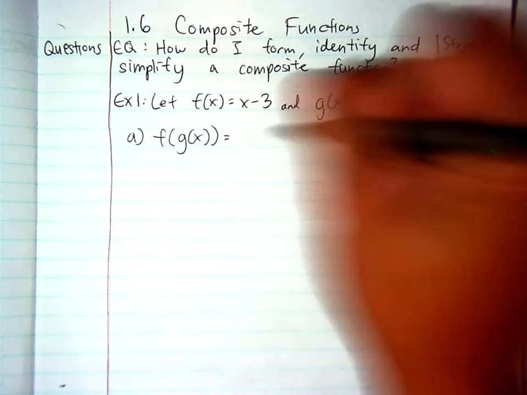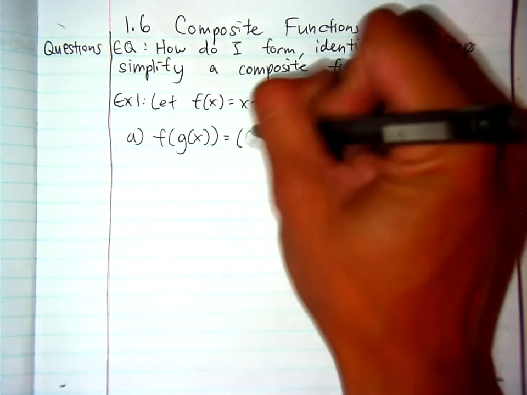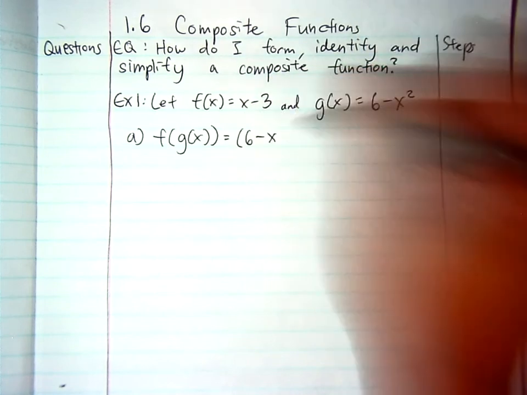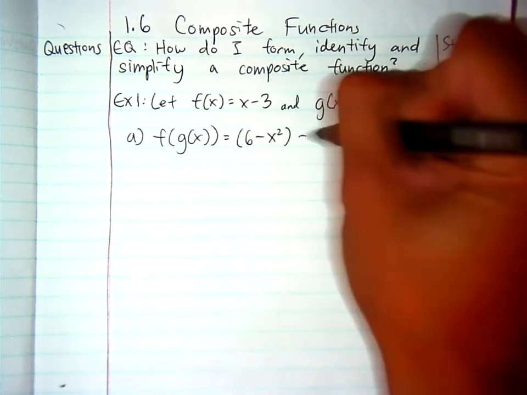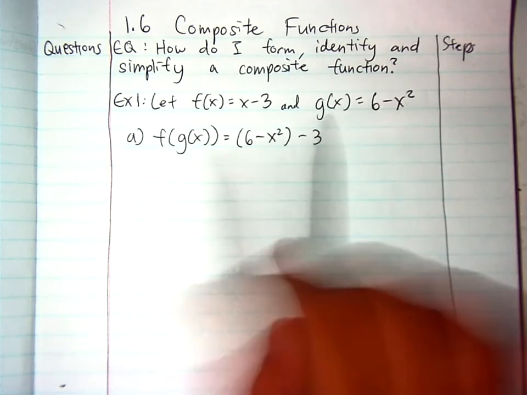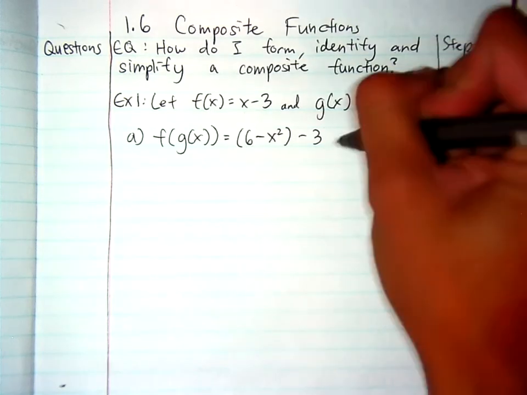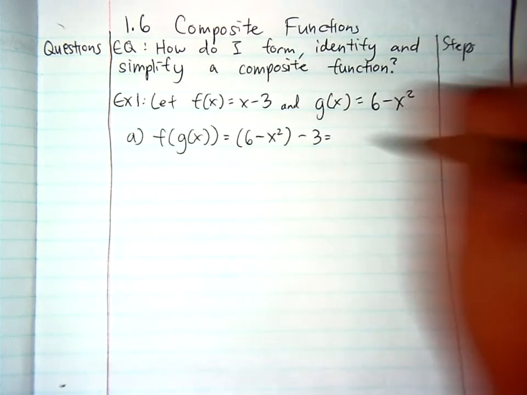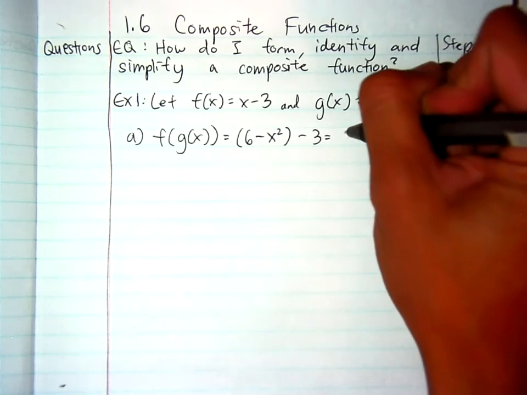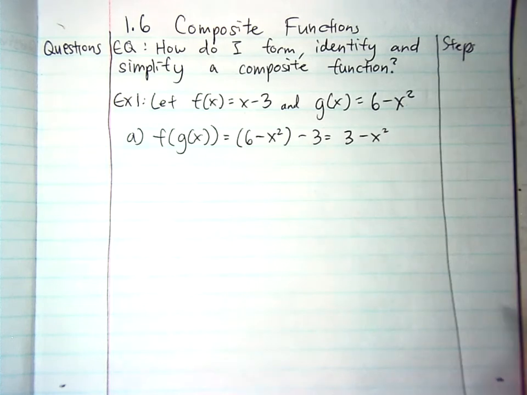So instead of x, I'm going to have 6 minus x squared, minus 3. Normally this would be x minus 3, but now I'm plugging in g of x for x, so this is f of g of x. And then if I simplify that further, it would be 3 minus x squared.